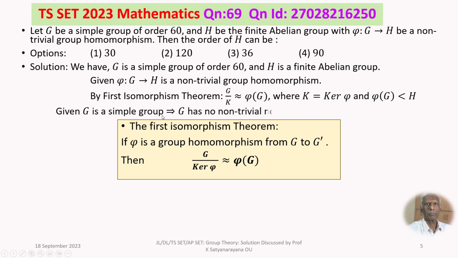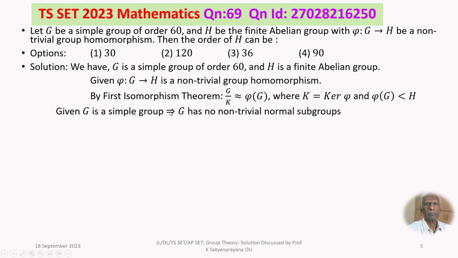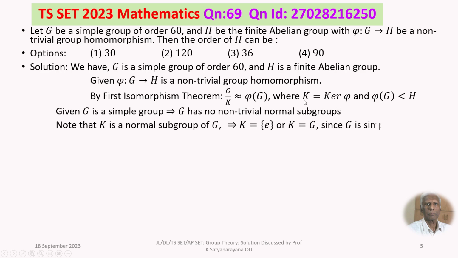Given G is a simple group, what do we mean by G is a simple group? G has no non-trivial normal subgroups. Now let's look at K. What is K? The kernel of phi. The kernel of phi is a normal subgroup of the domain group, that is G. So when it is a normal subgroup of G, K should be the subgroup consisting of e alone, or K is the whole of the group G. Why?